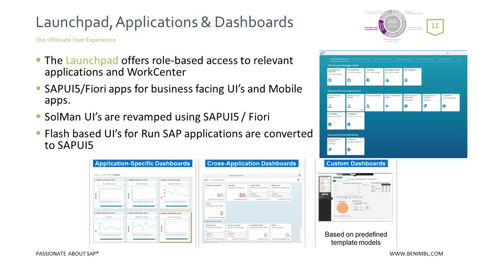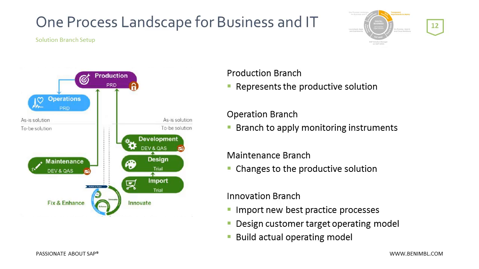All of that has changed now. Everything is, as they say, in web, and a number of dashboards can be built by application, cross-application, or roles. So that's pretty nice. So the overall look and feel of Solution Manager 7.2 has changed and is really good.